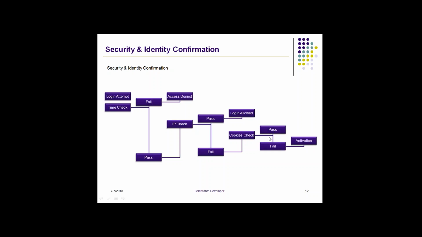If that also fails, which means if it does not find any browsing history information, then that will fail, and then you will be required to get an activation code to activate your device. The activation code is usually sent either to a registered mobile number or to the registered email ID.